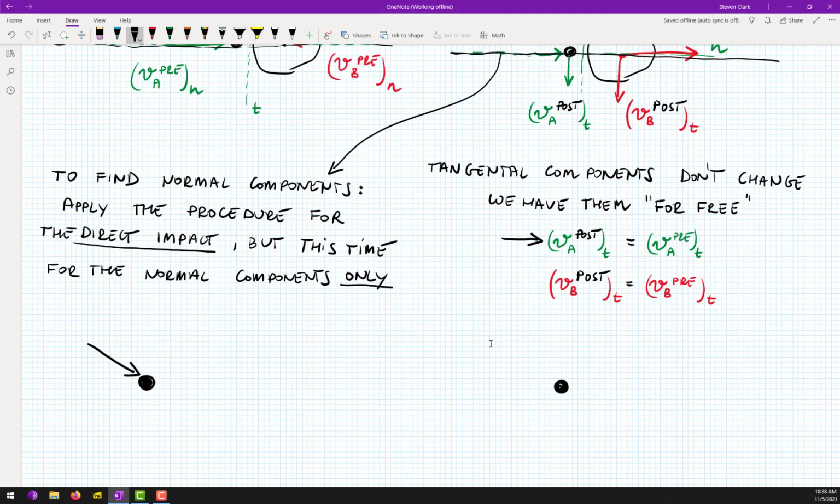But let's assume that pre-impact we will have such two components, this component and this component. And let's assume that post-impact we will have some velocity in this direction, and some velocity in this direction maybe.